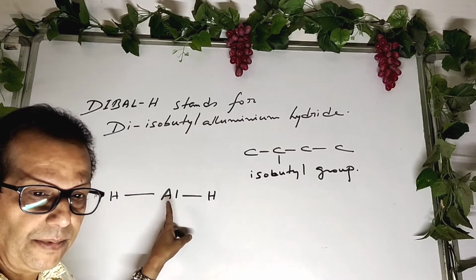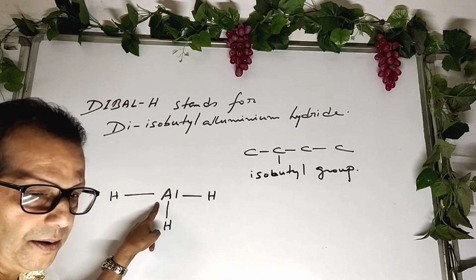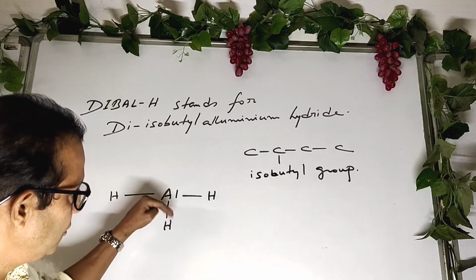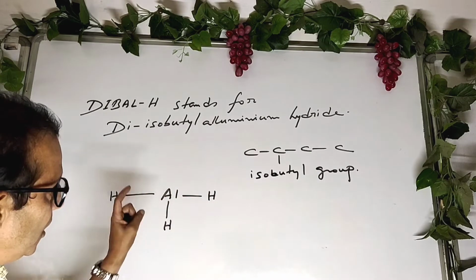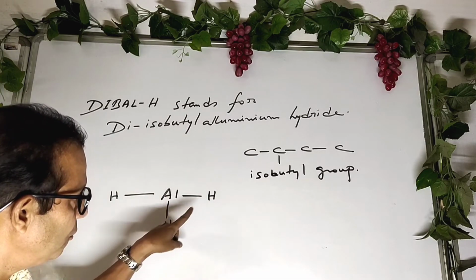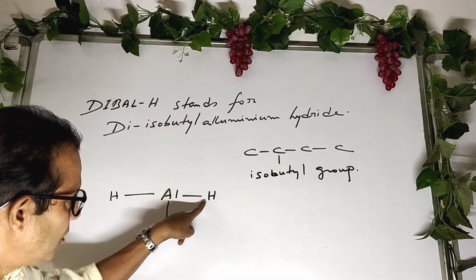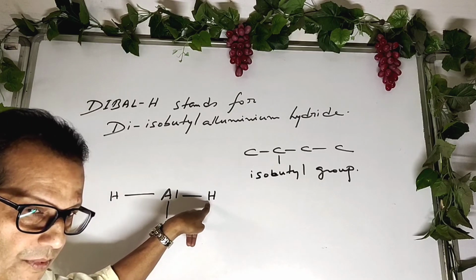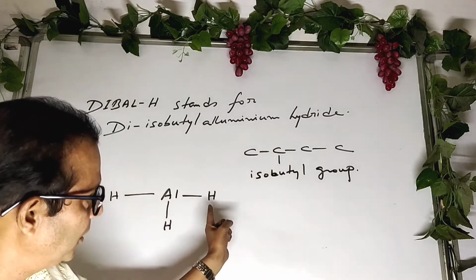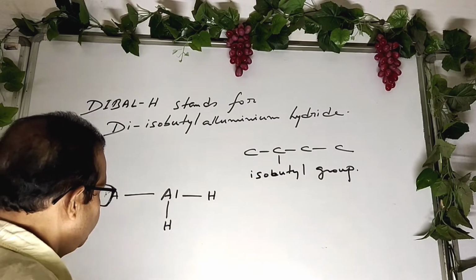It is aluminium hydride. Aluminium possesses trivalency, with hydrogen and hydrogen. If you replace any two hydrogen atoms by two isobutyl groups, then let's check.